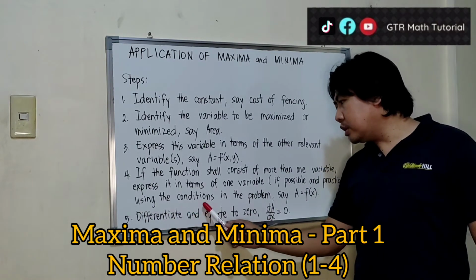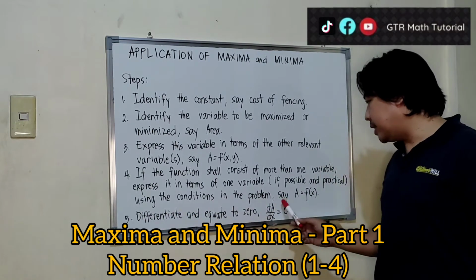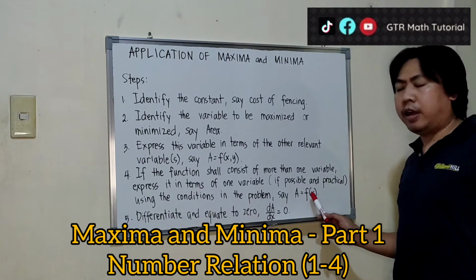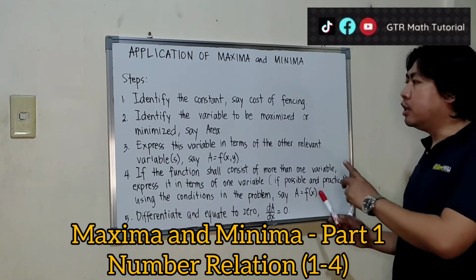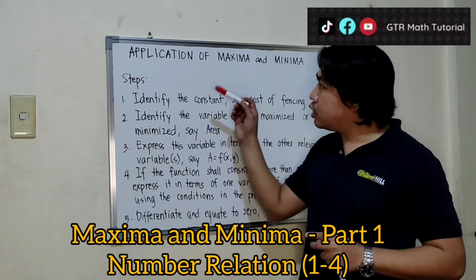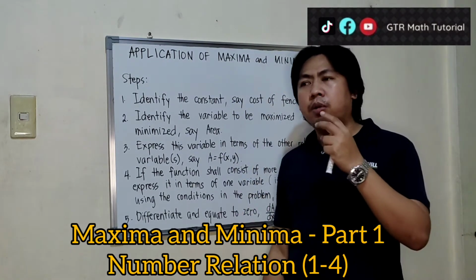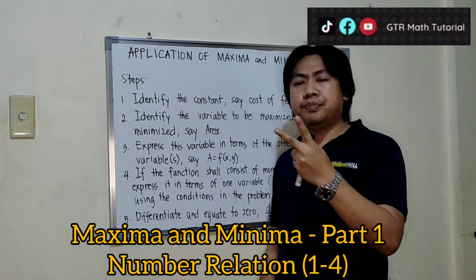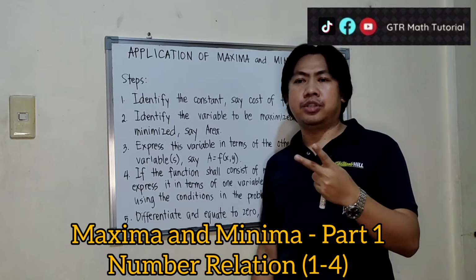So using the conditions in the problem, say area is a function of x only. Usually in solving maxima and minima, we're going to have two equations.